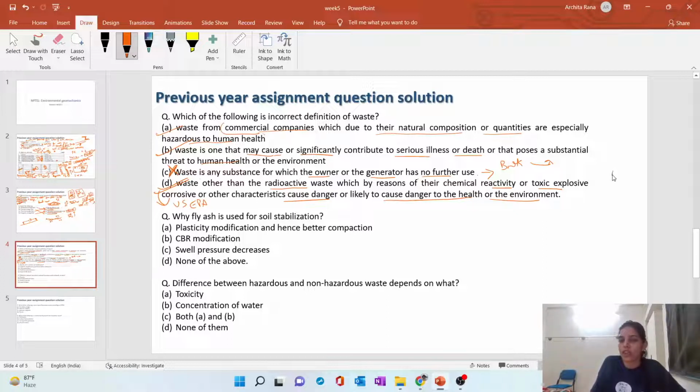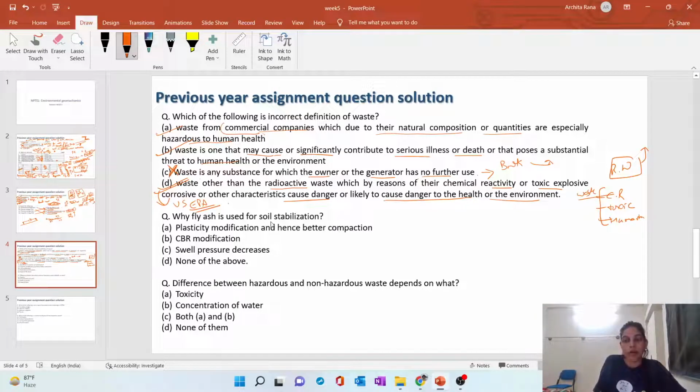Of course radioactive waste is harmful, so let's remove this. Other than radioactive waste, if there is any waste which is toxic, has high chemical reactivity, is harmful to human health, it is considered waste, and it is an accepted definition by US EPA.